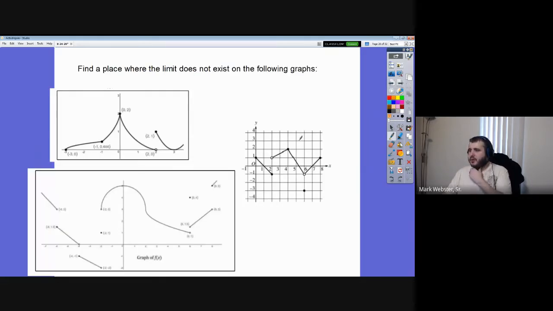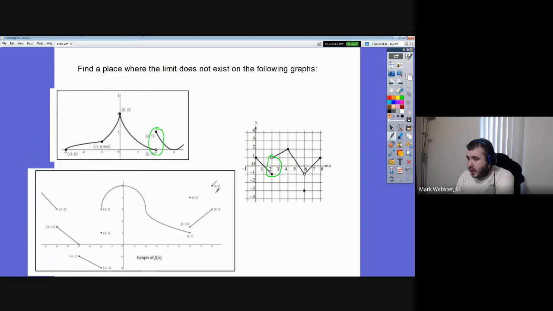Here's a couple other examples of the limit not existing. Here you're being asked to find a place where the limit does not exist. And if we look, well, okay, it's all working here. Every spot that I look at, from both directions, they come to be the same, except for here.